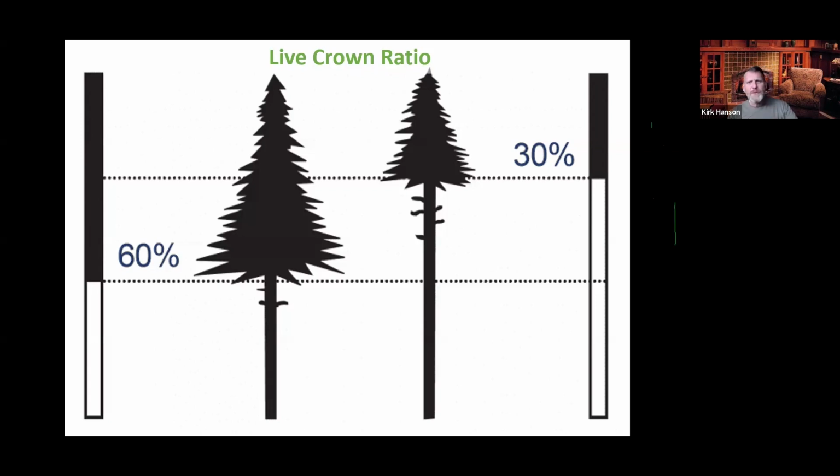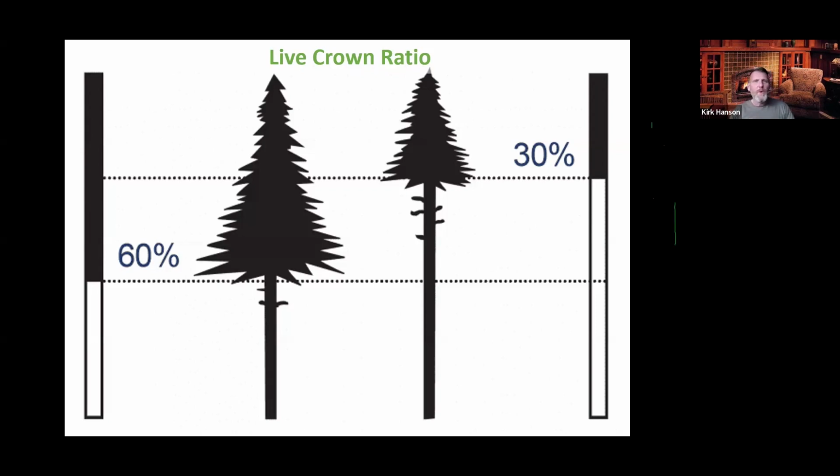So generally speaking, trees that have live crowns that exceed 40% of their total height are considered to be in an optimal growth phase. Conversely, trees that have less than 30% live crowns express a very stunted growth.